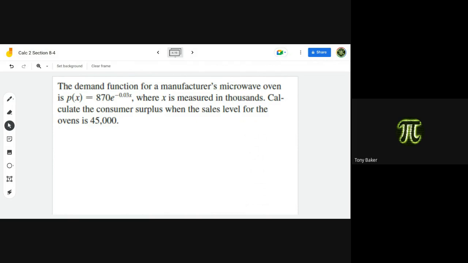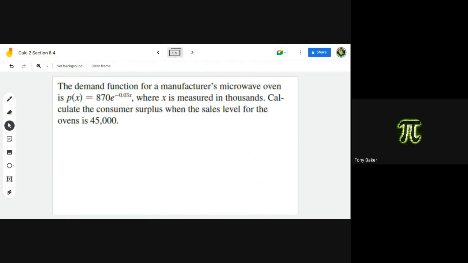Would X be 45,000? In this case, X would be 45, because it's measured in thousands. If we did it as 45,000, would we still get the right answer?